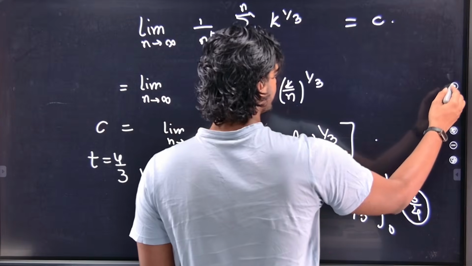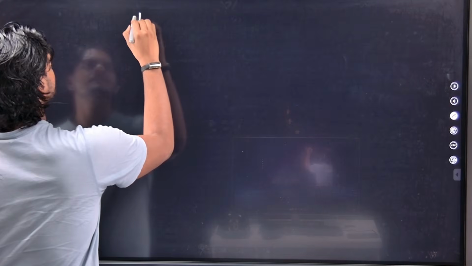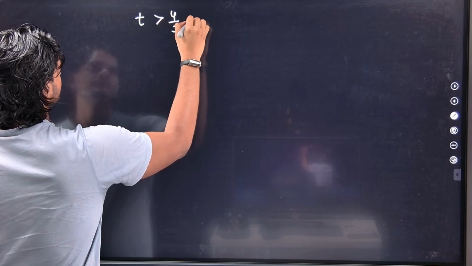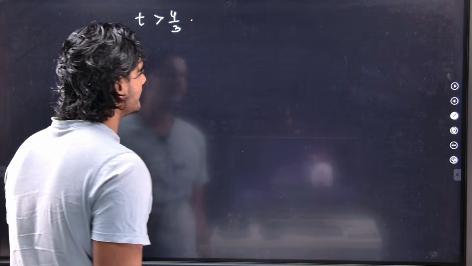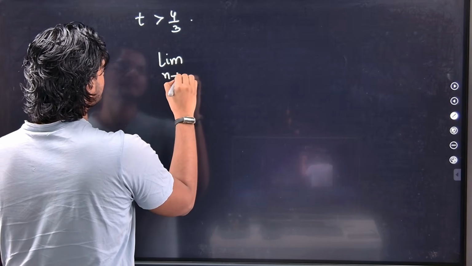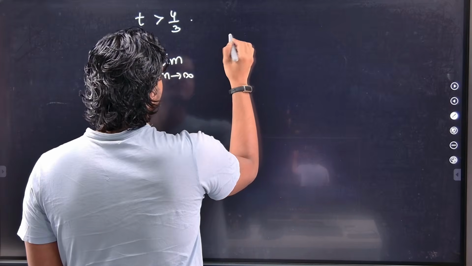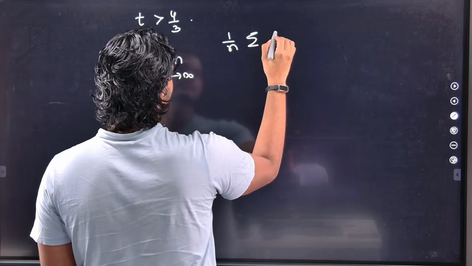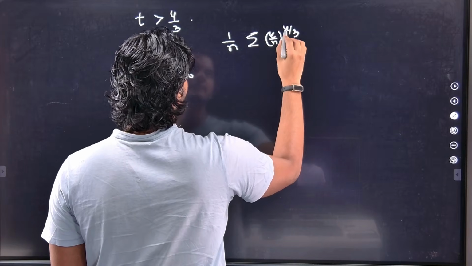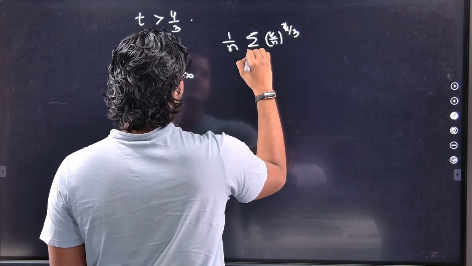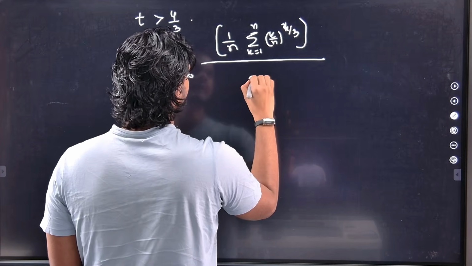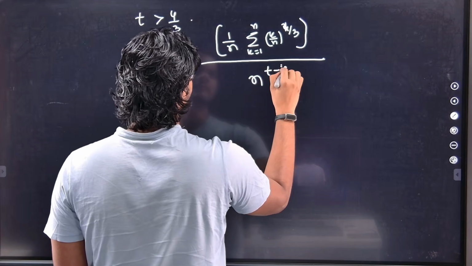But what happens if t is greater than 4 by 3? You will have limit n tends to infinity 1 by n summation k by n whole power 1 by 3, k varies from 1 to n, whole divided by n power t minus 4 by 3.